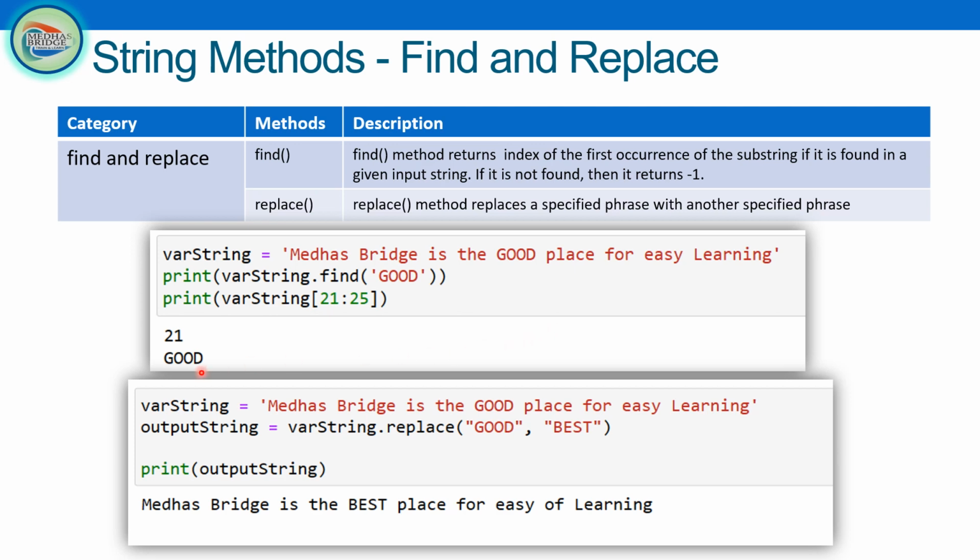This is the substring and this is the index value where the substring first occurred. Now replace. The replace method replaces a specified phrase with another specified phrase. The word good got replaced with best. See, here is the difference.